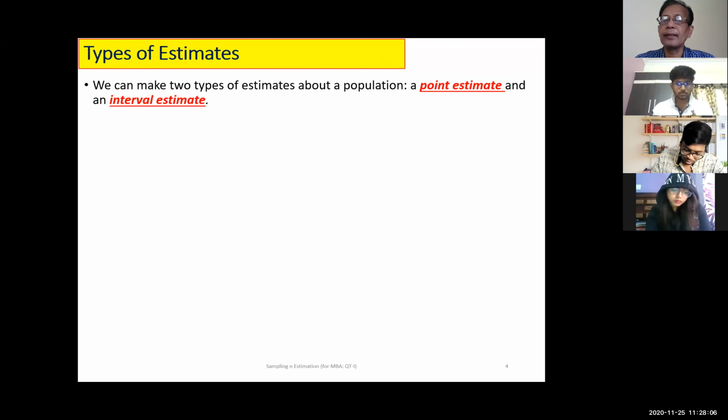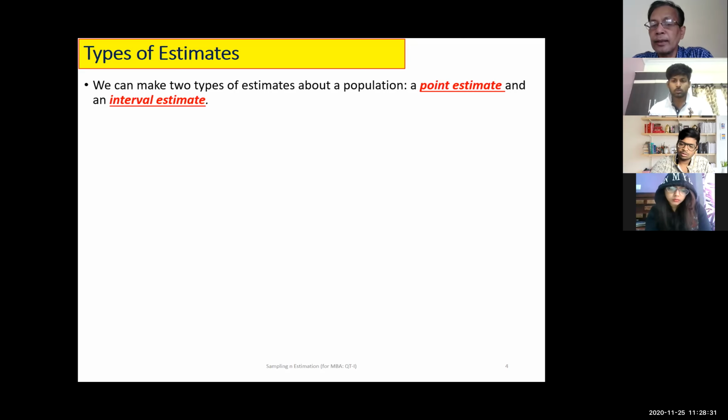You can say the wind speed could be 140 or 150 kilometers per hour. When you are using a number, a point, that kind of estimation is called point estimation. But when you are using an interval, say you are telling the wind speed could be between 140 to 160, that type of estimation is called interval estimation.